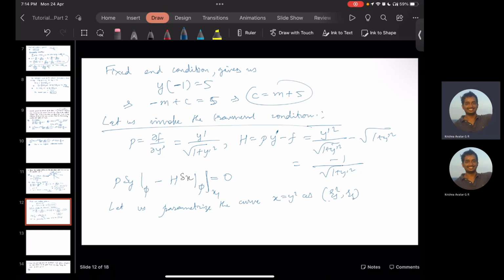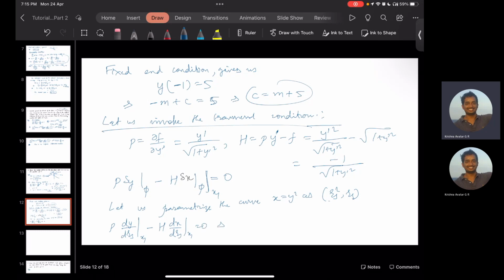So which means that we'll just write p as dy by d zeta minus h. This is at again x1 minus h and dx by d xi, but again x1 is equal to 0.